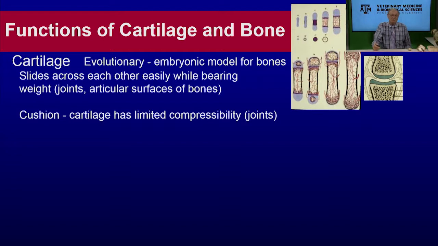So cartilage is a cushion. It's in our joints. It allows you to jump up and down. It's a little bit compressible, but what's missing is nerves. It doesn't have nerves in it, and so as a consequence, you don't feel the compression. You do feel compression if your bone is chipped or if something is wrong.